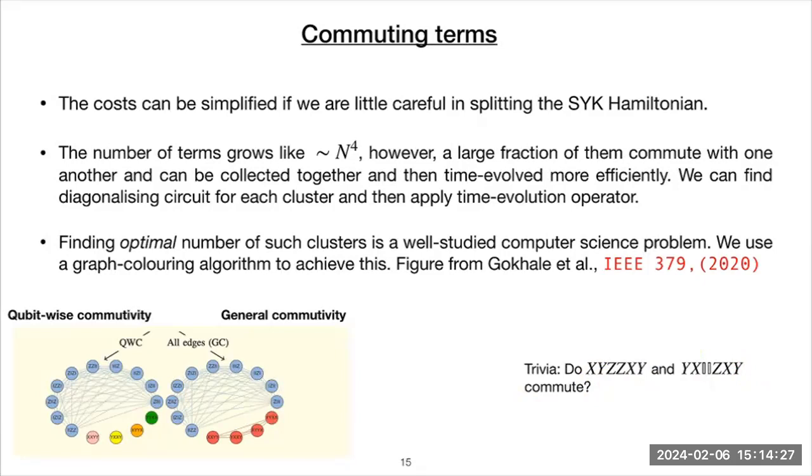So x doesn't commute with y, y doesn't commute with x, and everything else commutes. So z commutes with I, z commutes with I, x commutes with x, and so on. That is a way of finding out whether two strings commute. And if two strings commute, then we club them together and diagonalize them together. We don't use the fact that they can be simultaneously diagonalized.